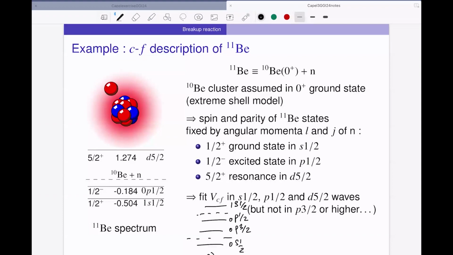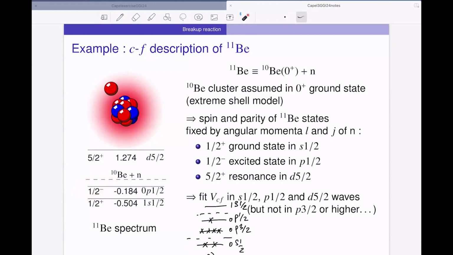And so in beryllium-11 you have seven neutrons. So beryllium has 4 protons, so it makes seven neutrons. So you have 2 in the 0s1/2, you have 4 here, and so naturally you would think that the next one comes here, but that would lead to a state that has a spin and parity 1/2 minus, and it's actually this state here.